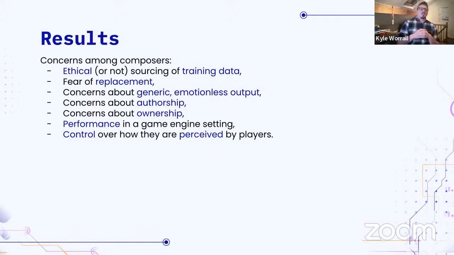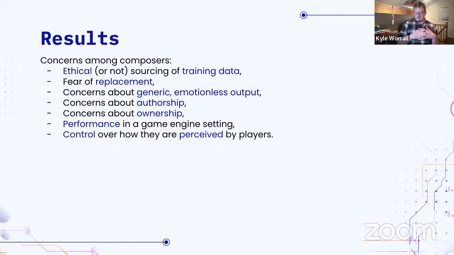They didn't necessarily understand what pre-training was, but they'd ask, is the output of the algorithm going to sound like my work, or is it going to sound like the training data? How does this work, and who would the royalties go to in some cases? They also had concerns about ownership, which I separate from authorship in the sense of who owns the output, and who is responsible for the output when it happens.